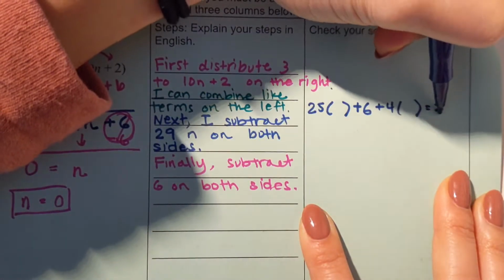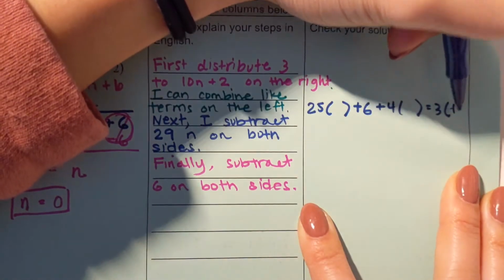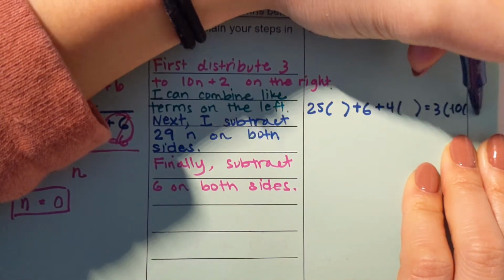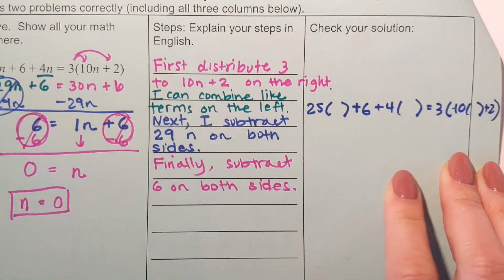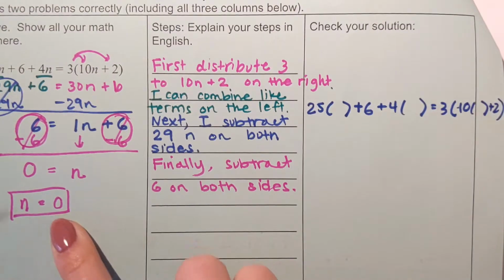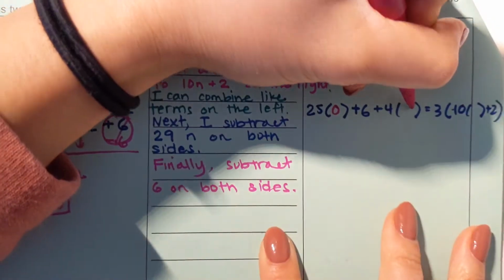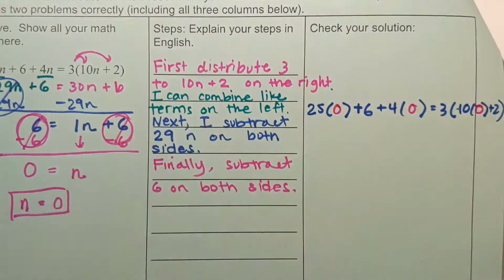And then equals 3 parentheses 10n plus 2. And then we got n equals 0, so everywhere I put those parentheses, I'm going to put 0.